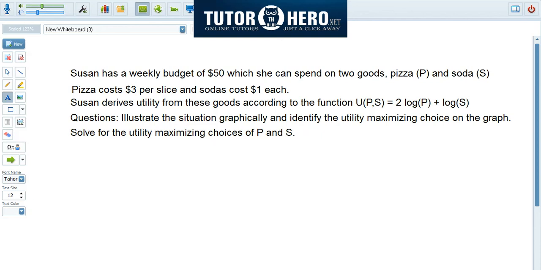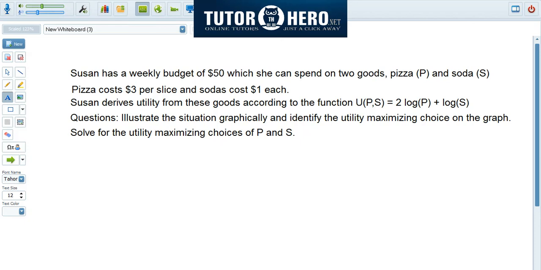Those things have costs, and the consumer will derive utility from those things. What we want to find out is what is the best thing for the consumer to do? This is, in some sense, the fundamental question of intermediate microeconomics. There's a lot of things that you can do after you know how to solve this question, but as a starting point, this is the fundamental question.